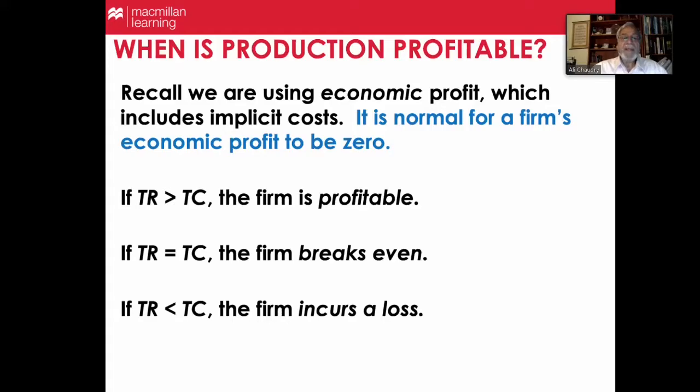So that is another way to look at the profit maximization rule, that is, as long as the firm is at a point where the total revenue is equal to or higher than total cost, it'll be making money. If it falls below that, they will be losing money.